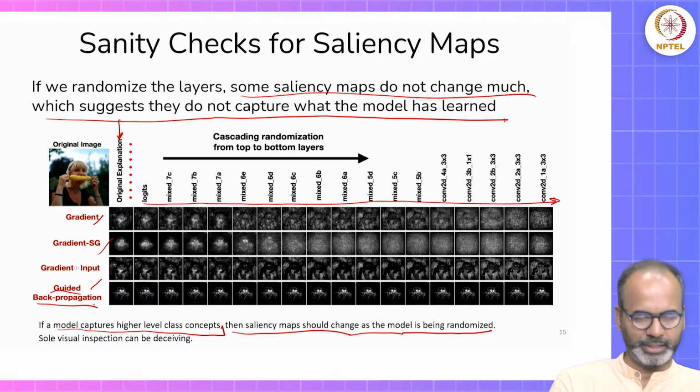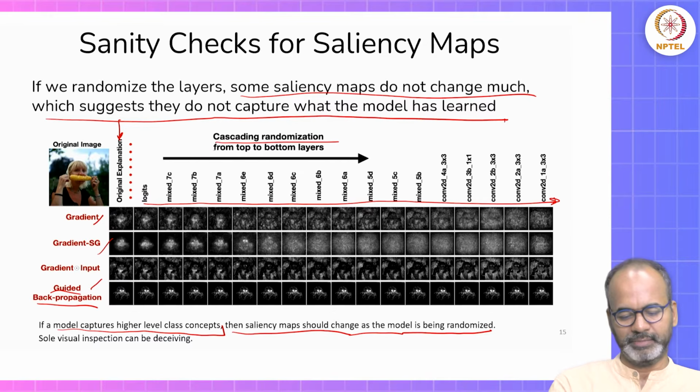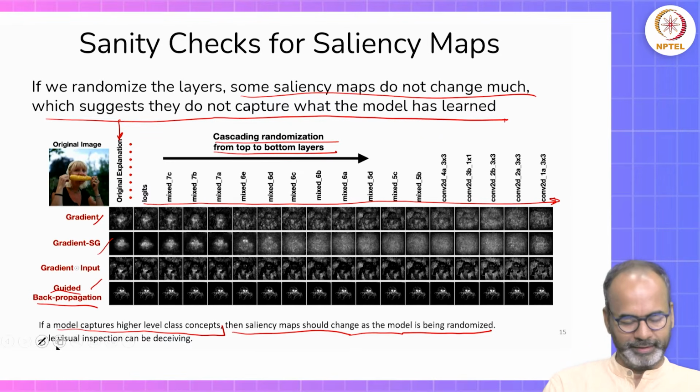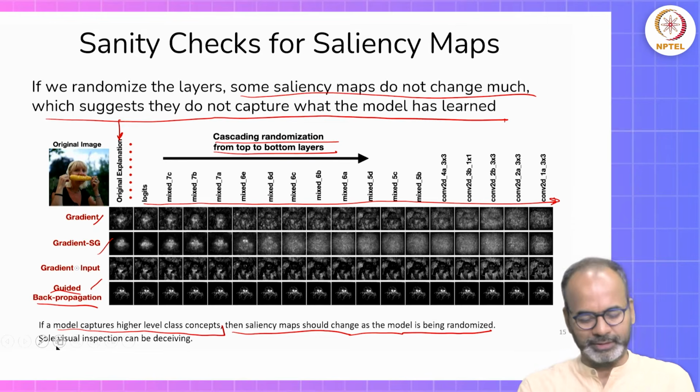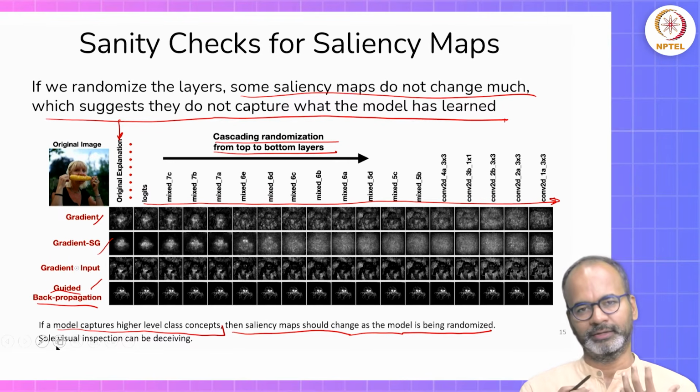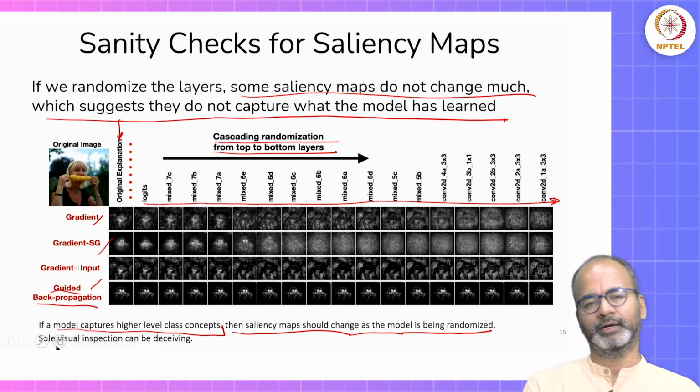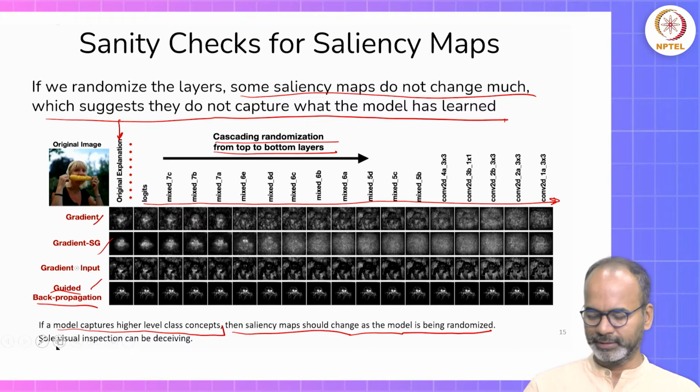Guided backpropagation we saw before. So with cascading randomization from top to bottom layers, by changing the layers, the saliency map should change as much as the model is being randomized. And the conclusion from here is: do not use the visual methods alone, use some sanity checks to make sure that the model is able to pin down the reason why it is doing the classification properly.